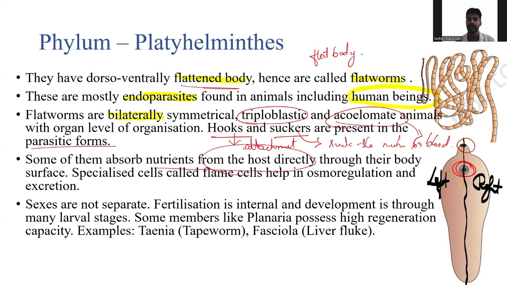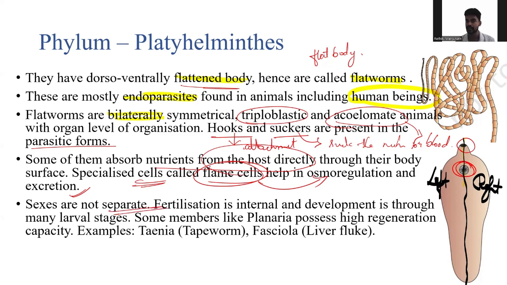And they have specialized cells called flame cells. What are flame cells? The major function of flame cells is osmoregulation, balancing. And it also helps in the excretion process. Coming to the sexes, again here sexes are not separated.